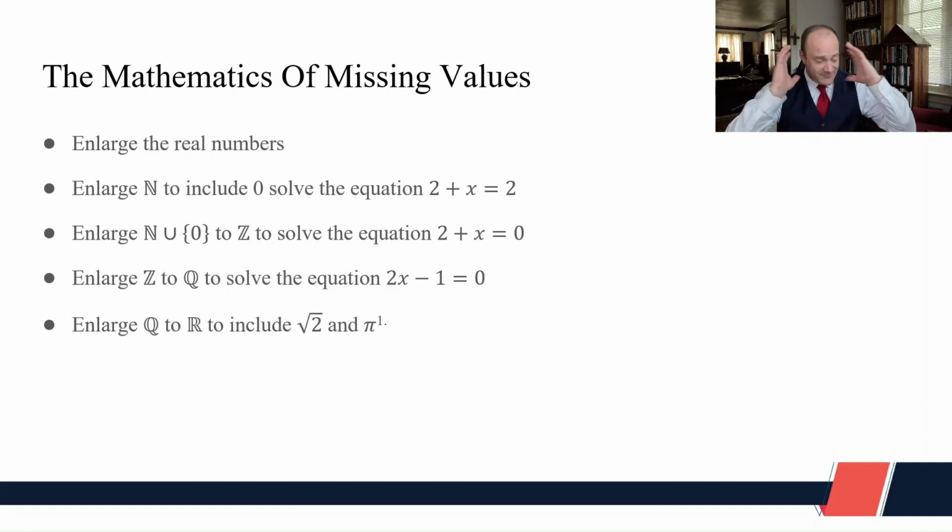But wait, the rational numbers still aren't big enough, because there are some numbers that I can't express with only rational numbers, and one of those examples is the square root of 2. It's roughly a freshman, sophomore level exercise to prove that the square root of 2 is, in fact, irrational. It cannot be expressed as the ratio of two integers.